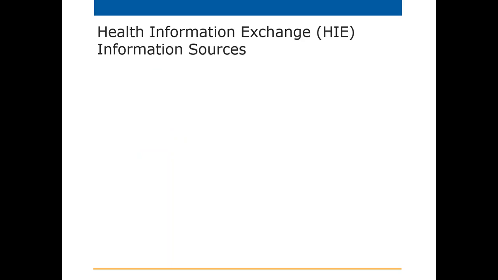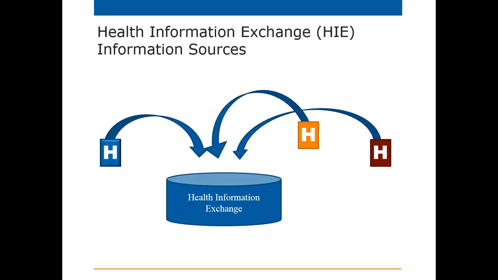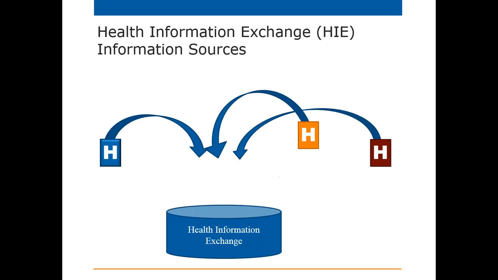So now I just want to talk a little bit about information sources. When we've got our HIE going, we have our hospital, of course, and hopefully you have a couple of hospitals who are participating, and they're all going to be sending their information to the HIE, and that's great. So everybody's putting stuff in, right? We're all sending it because we're supposed to.